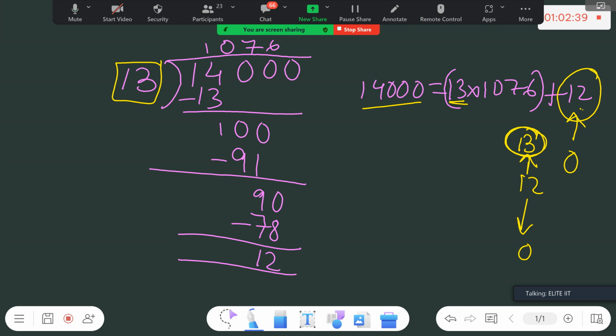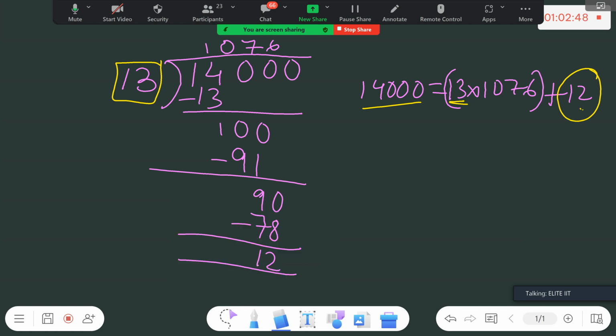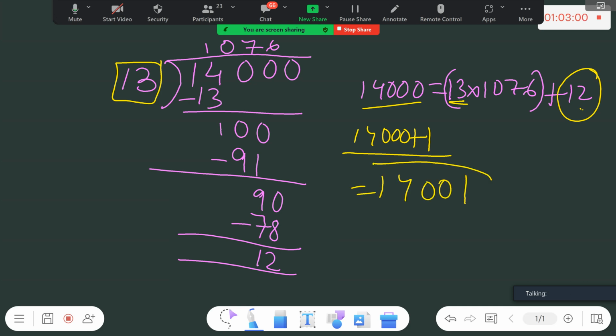Only 1? So, if I add only 1, that is 14,000 plus 1, then this number will be 14,001. This will be divisible by 13.